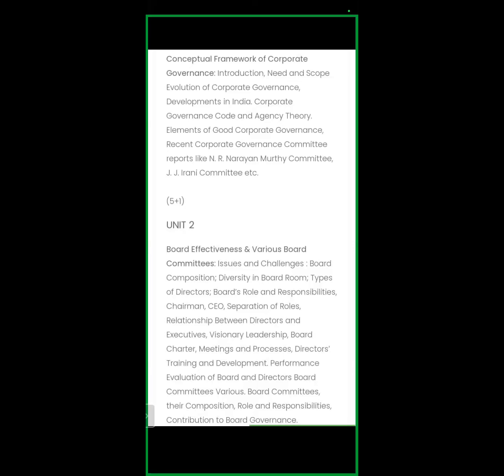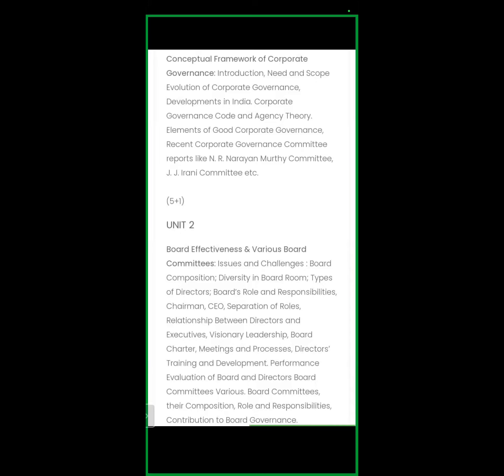Then, in unit number 3, we will be discussing the stakeholders. Here, we will concentrate more on shareholders and less on the other stakeholders of the company. What is a shareholder?